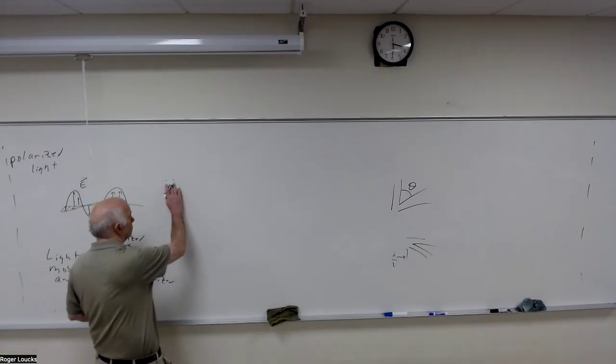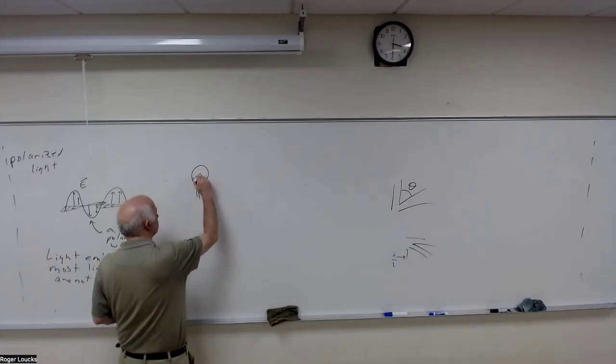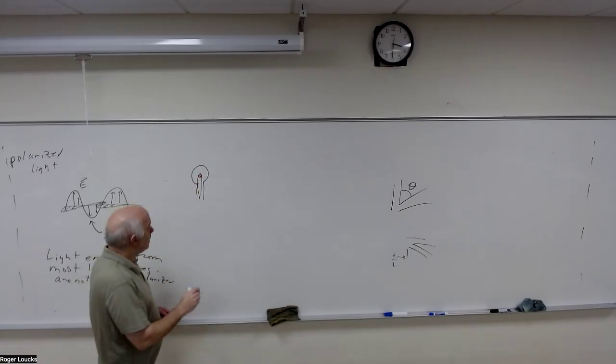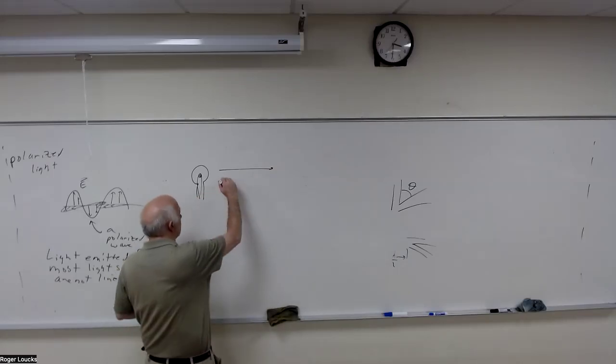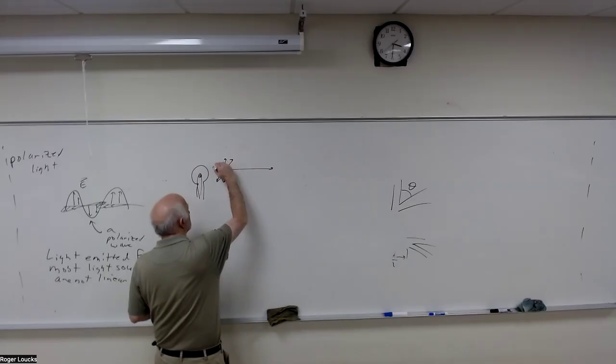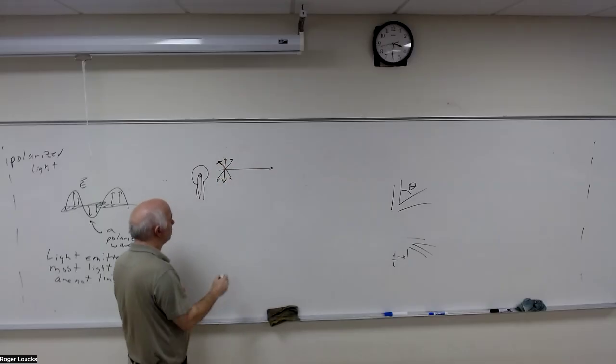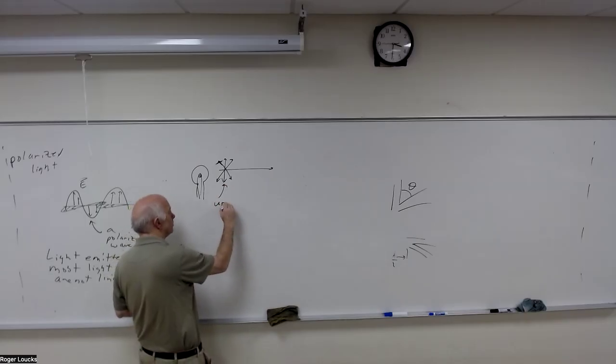Let's say here's my light source, my little light bulb. That means the light coming out, the way I'm going to represent this is the following. I'm going to draw it like this. This is going to be my representation for unpolarized light.